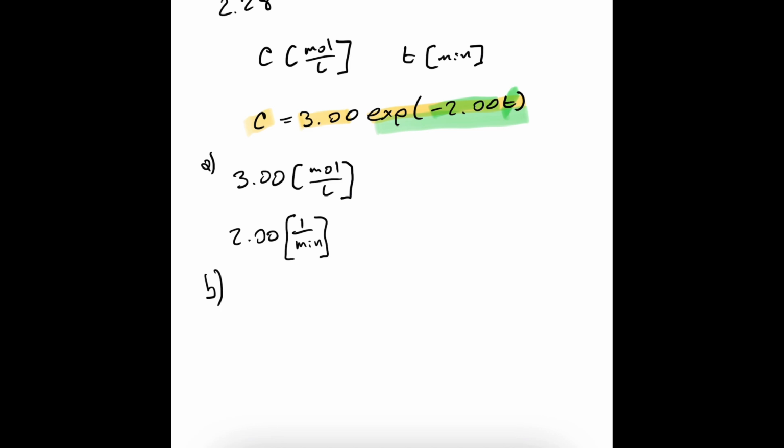Okay, part B. Suppose the concentration is measured at t equals 0 and t equals 1 minute. Use 2-point linear interpolation or extrapolation to estimate C when t equals 0.6 minutes and t when C equals 0.10 mole per liter.